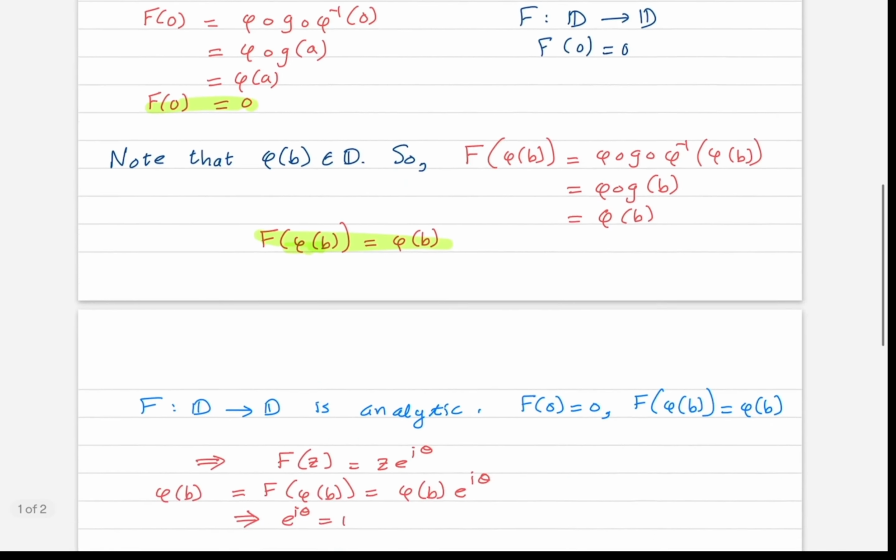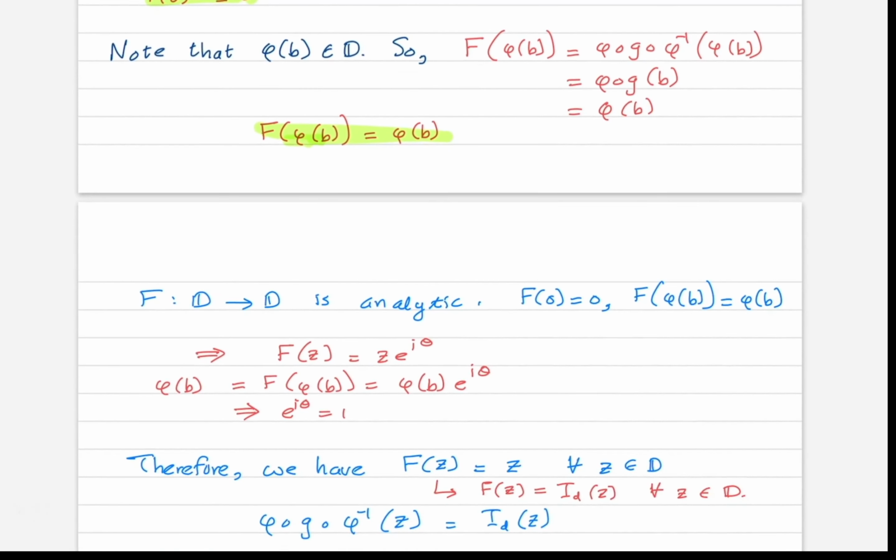So I can claim that capital F is an identity function on the unit disk. This is how I prove that. I know that F of 0 is 0, and F of phi of B is phi of B. So from the Schwarz lemma, since there are two fixed points, I can say that F of z equals z e to the i theta.